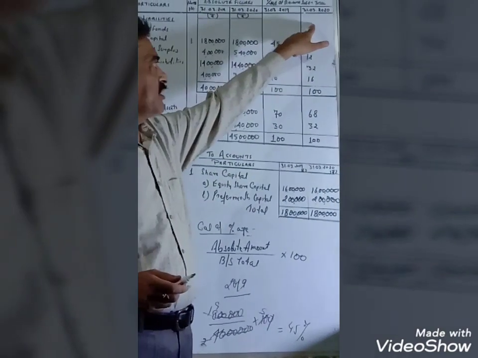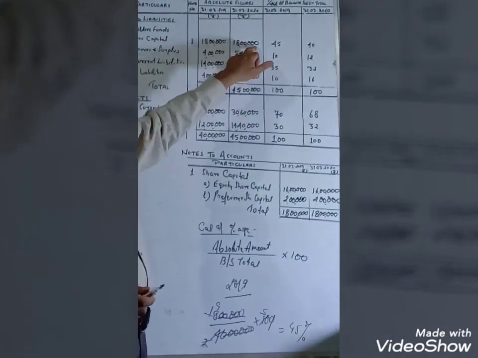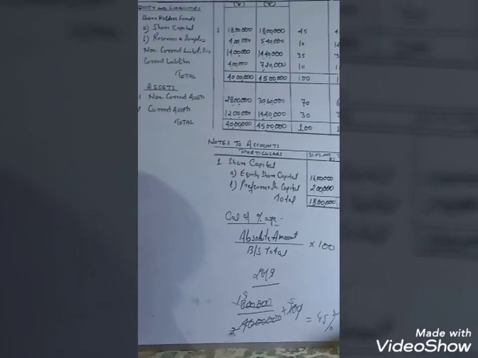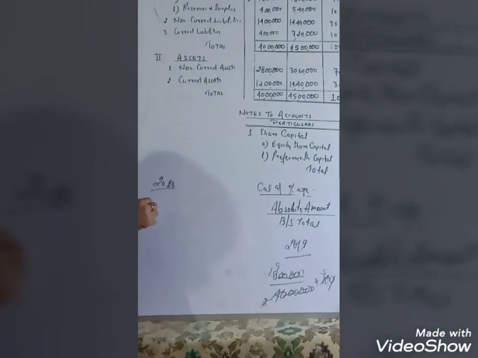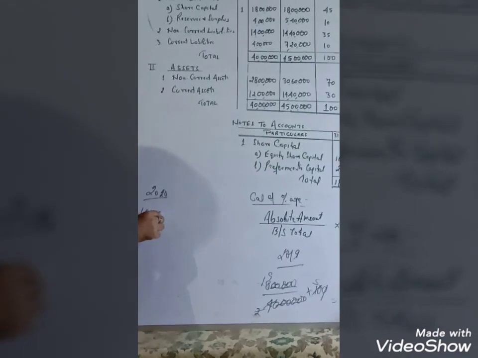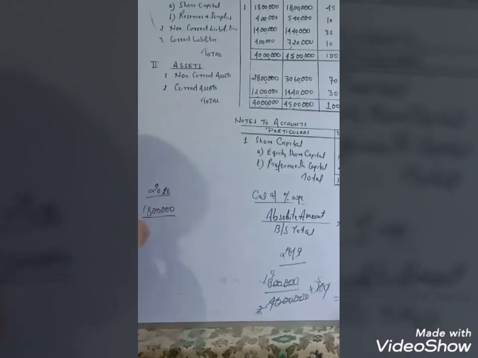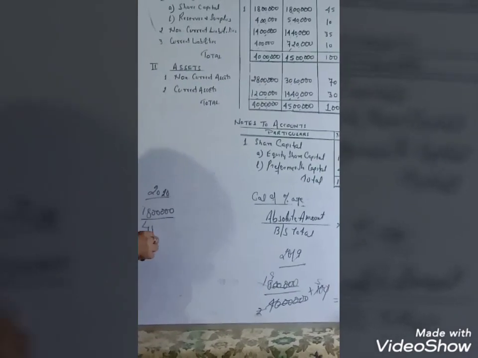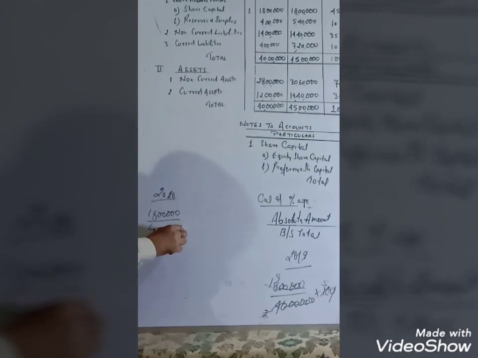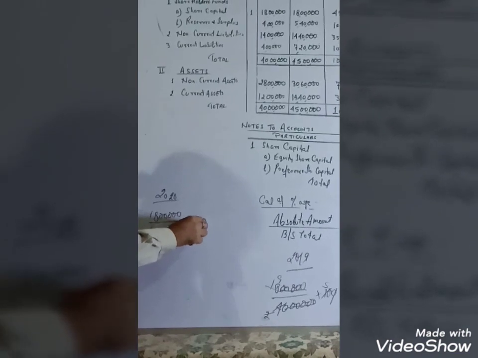And for the year 2020, the share capital is also 18 lakh, but we will have to calculate separately. 18 lakh is the amount of share capital, divided by 45 lakh, multiplied by 100.